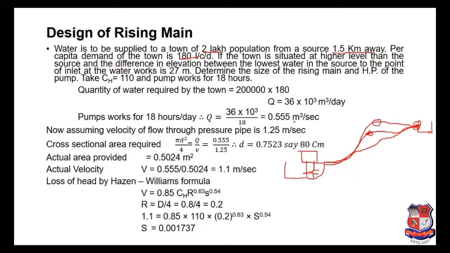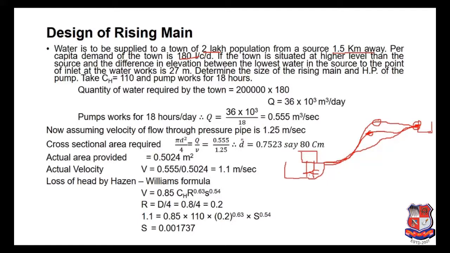So that is 0.555 meter cube per second. So now assuming velocity of flow through pressure pipe is 1.25 meter per second, you can assume different velocity also. So for this velocity, cross sectional area required A is equal to Q by V, right? So Q is 0.555, V is 1.25, right?